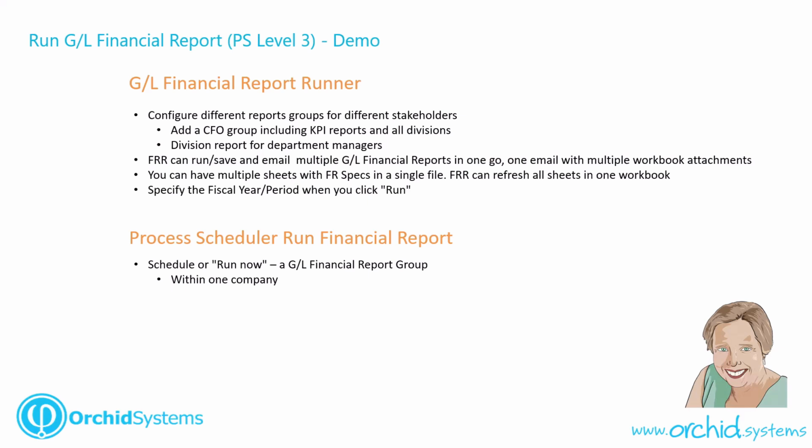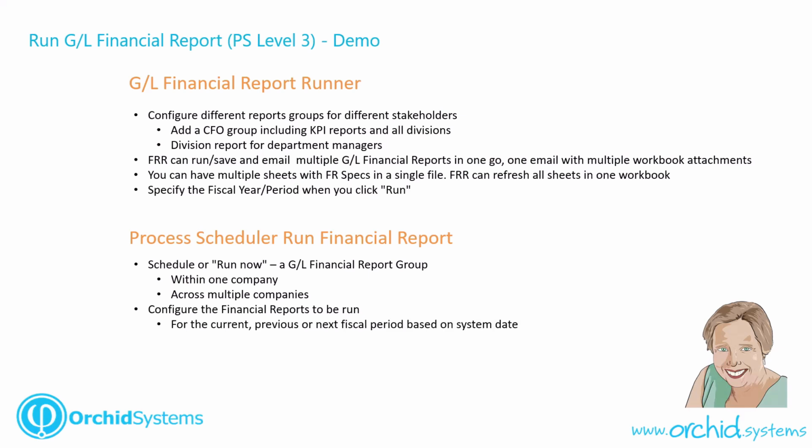When you run, you can either run all the reports in a group in one company or across multiple companies. You've always been able to configure the financial reports to run for the current period, the previous period, or the next fiscal period based on the date the schedule runs.